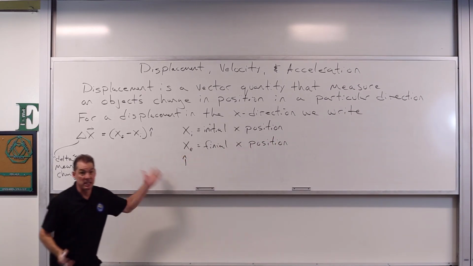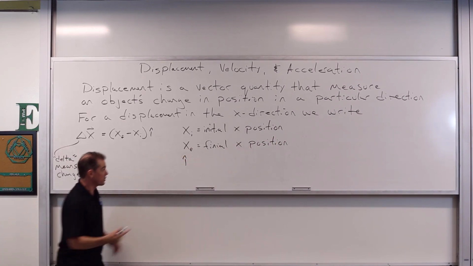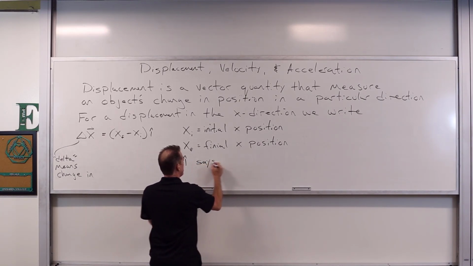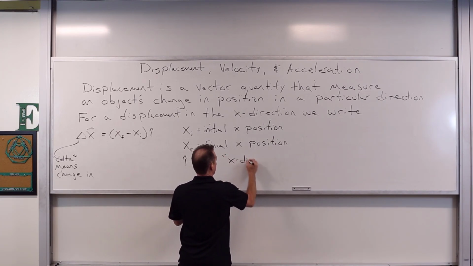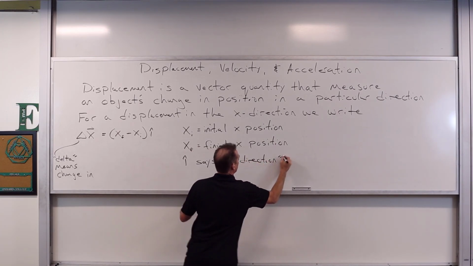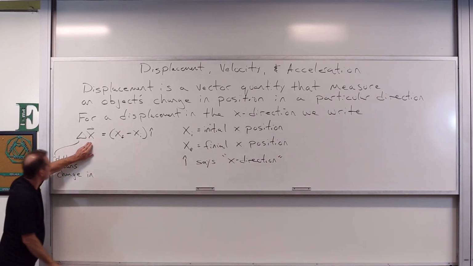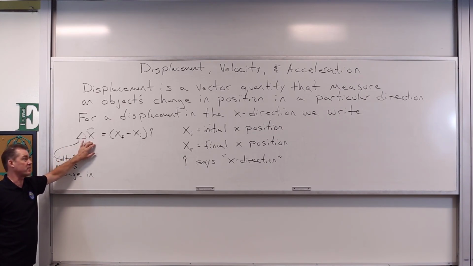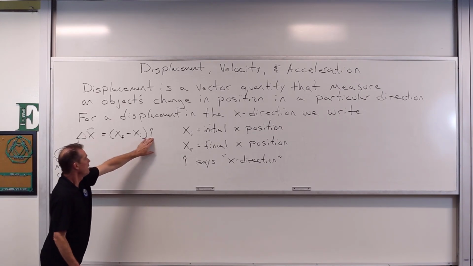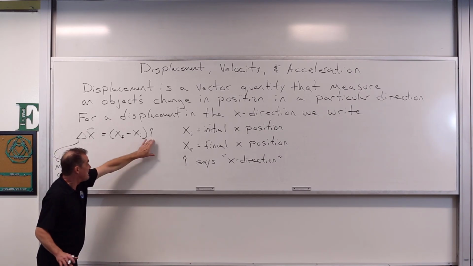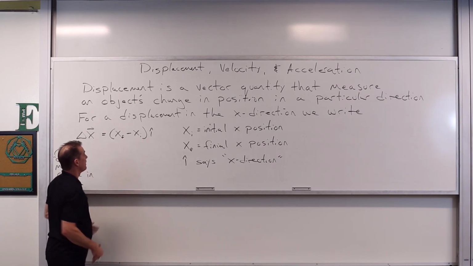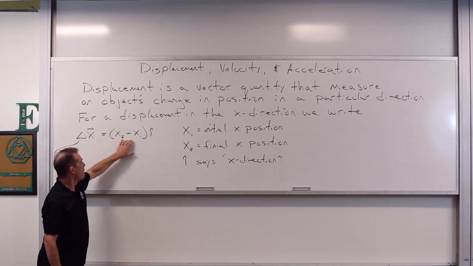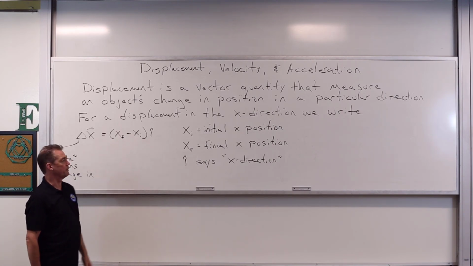And i hat specifically tells us we're talking about the x direction. So it is somewhat redundant in this particular sort of format here. We've got an x here, where you say, well, duh, you're talking about the x direction. Just want to make sure we're treating this as a vector. So there's the vector identity right there, telling us, hey, there's a vector, delta x hat, x final minus x initial, final position minus initial position in the x direction.